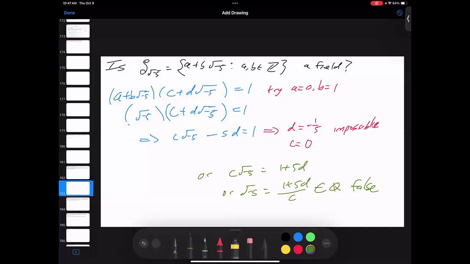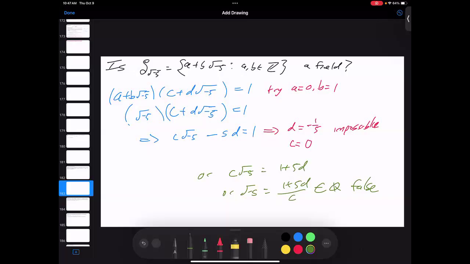So if I write it like this, the square root of negative 5 has to be rational, and that's impossible. So this proves that I can't find a C and a D to invert the square root of negative 5. I would have probably tried to invert 2. Inverting square root of negative 5 is fine. Almost anything you take, you're going to run into trouble.